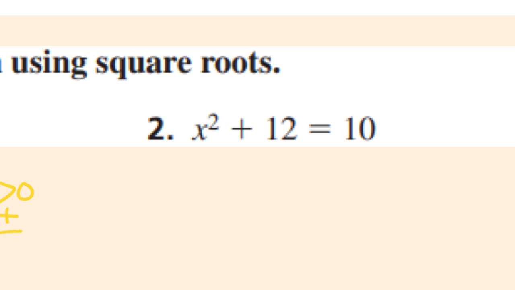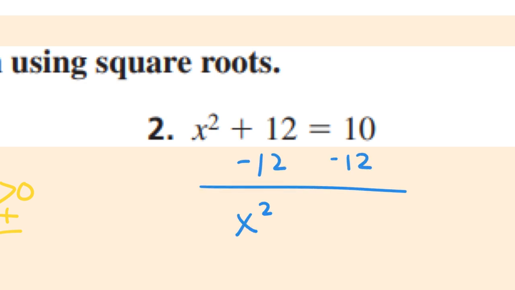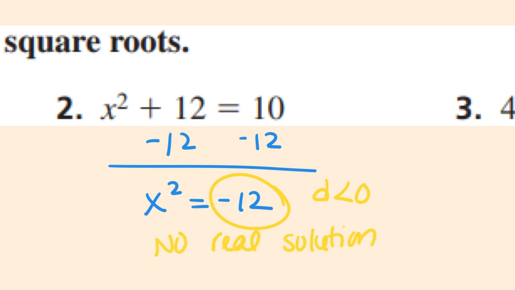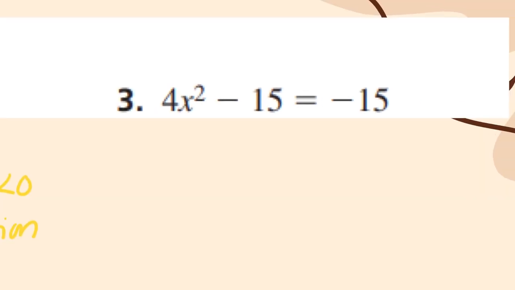Number 2, I'm going to move over 12 to the other side, and I'm left with X squared equals negative 12. I can see here that D is going to be less than 0. Therefore, no real solution. Number 3, I'm going to add 15 to both sides.